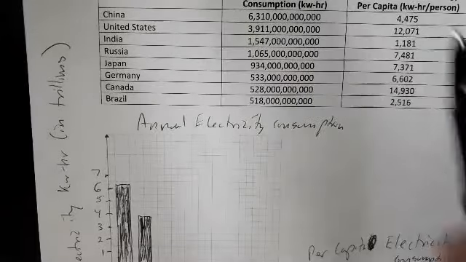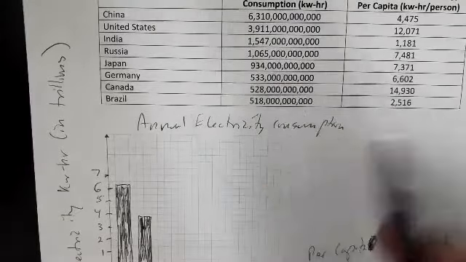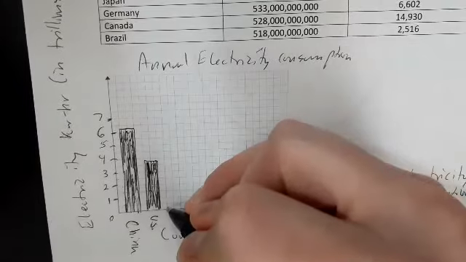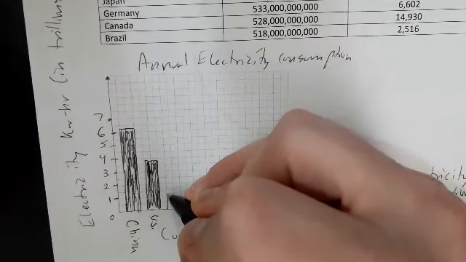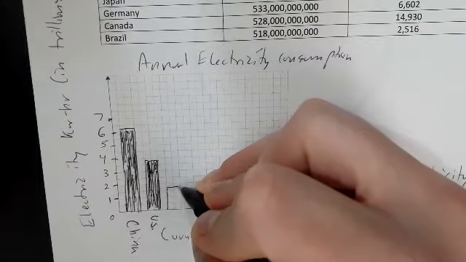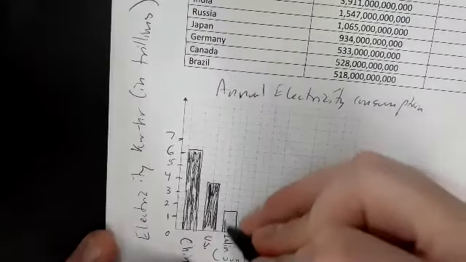The next one is right at about 1.5, and that is India. So now I'm coming here. I want to draw India in here, and it's almost at 1.5, a little bit over. I think I might have just enough room to write.